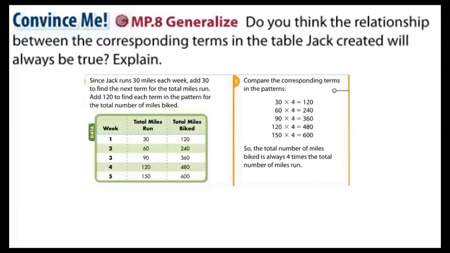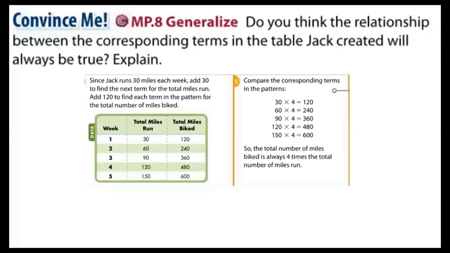Sure. When we compare the corresponding terms in the pattern, they are all multiplied by 4. If we multiply 30 by 4, it will be 120. If you multiply 60 by 4, it will be 240.